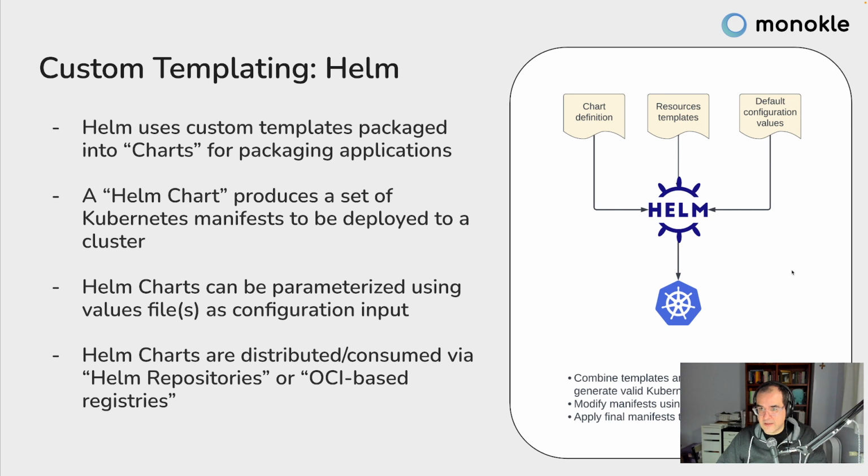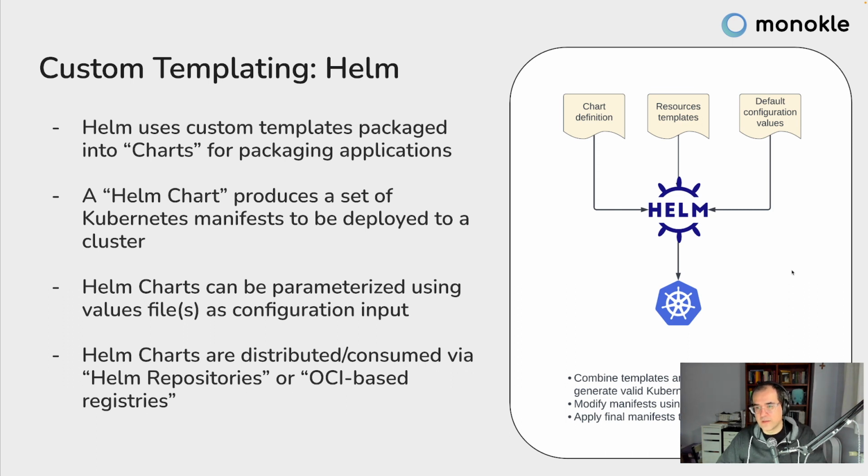The way these are consumed is also quite powerful because Helm allows you to package things. So you can have a Helm repository where you have different charts with different versions, and it's easy to add them to your local system and search for the chart that you want to install. Many people publish Helm charts in Helm repositories, and when you find them, you can download them locally and install them.